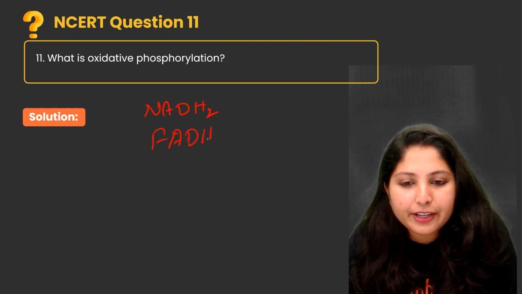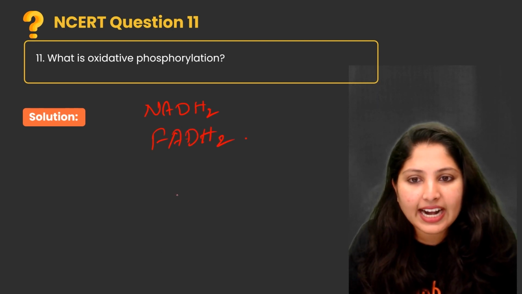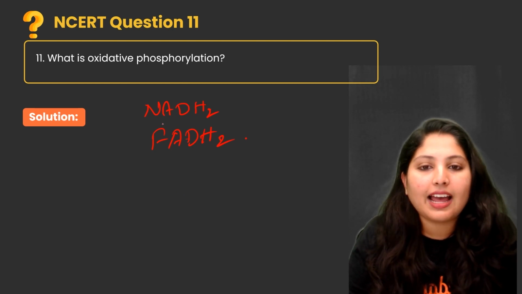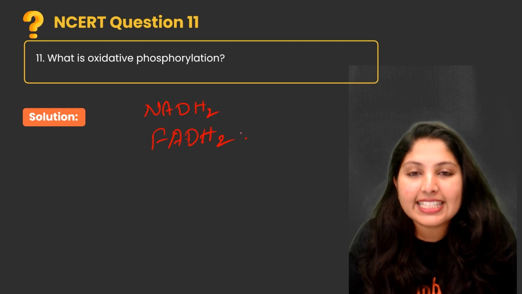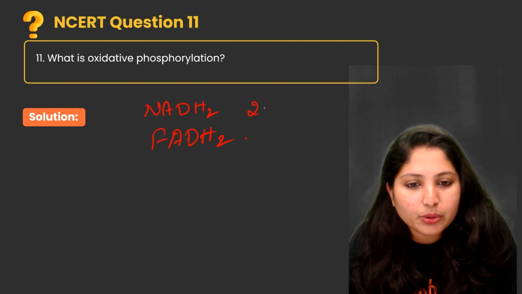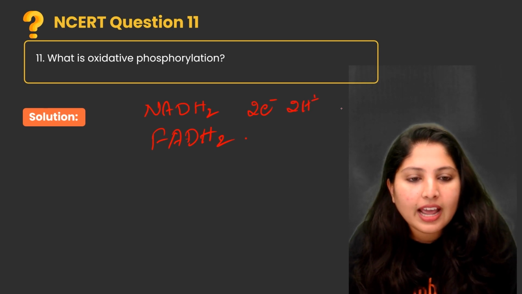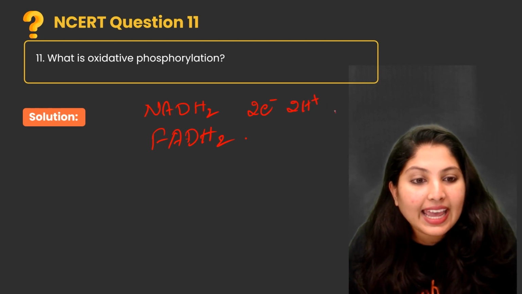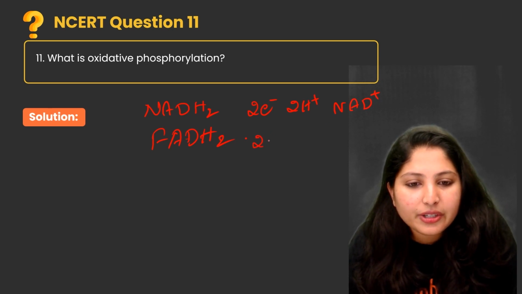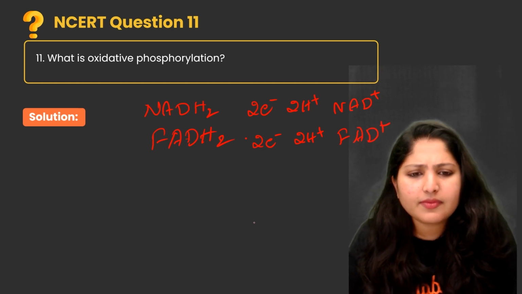NADH or FADH2 is the product, right? This product is split and undergoes ETS, right? So it is split into 2 electrons, 2 protons, and NAD plus, and here 2 electrons, 2 protons and FAD plus, right?